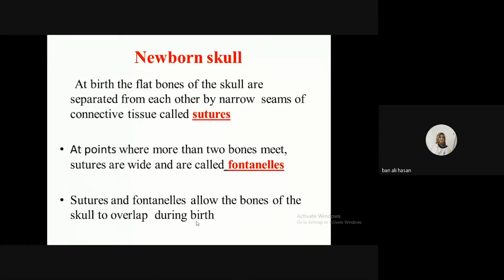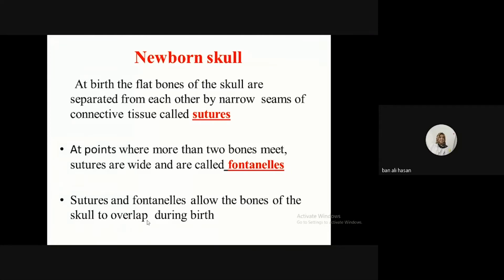The neurocranium has a membranous part. This membranous neurocranium is formed by intramembranous ossification, as we said, which happens in the flat bones of the skull, directly.